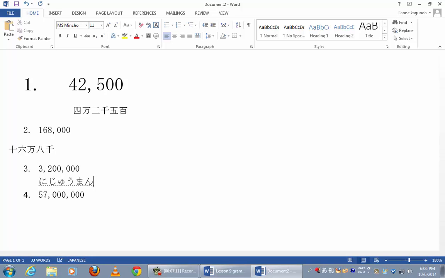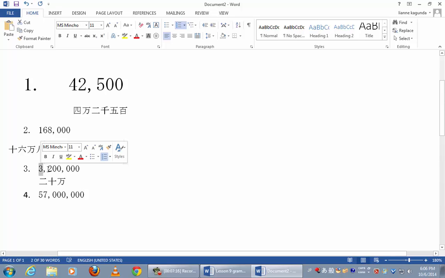Ni Juman, there you go. And what's this part? If this is ni ju, what's this? San byaku, right? So you're going to put the san byaku up in front. San byaku ni Juman. Is it starting to make some sense?